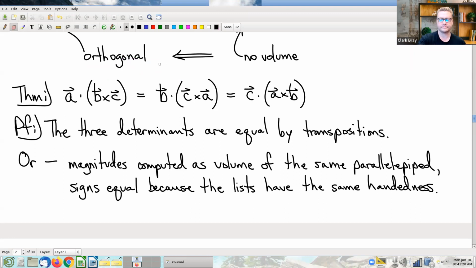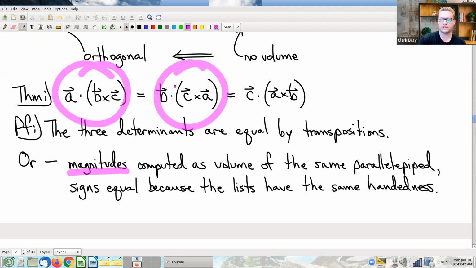Yeah. Okay. Now, there's another way you can think about this, more of a geometric way. Let's think about what the magnitudes of these 3 numbers are. Keep in mind, they're triple products, but they're therefore determinants.